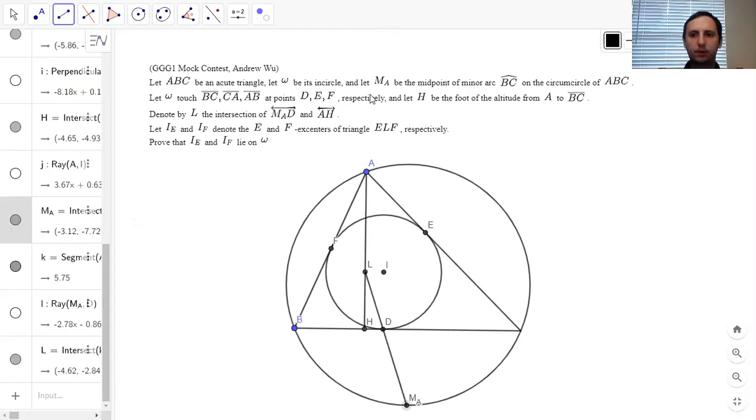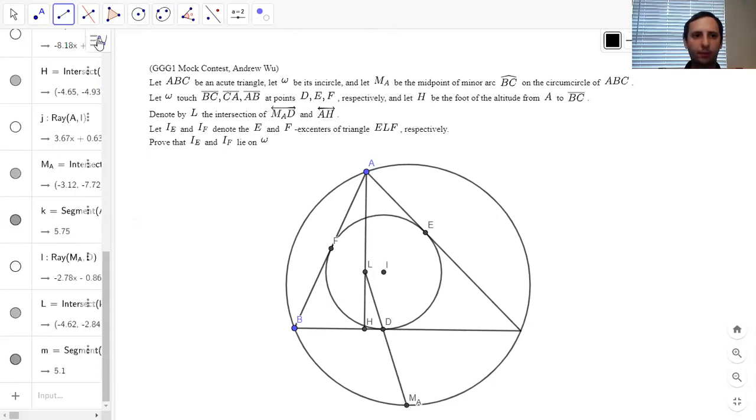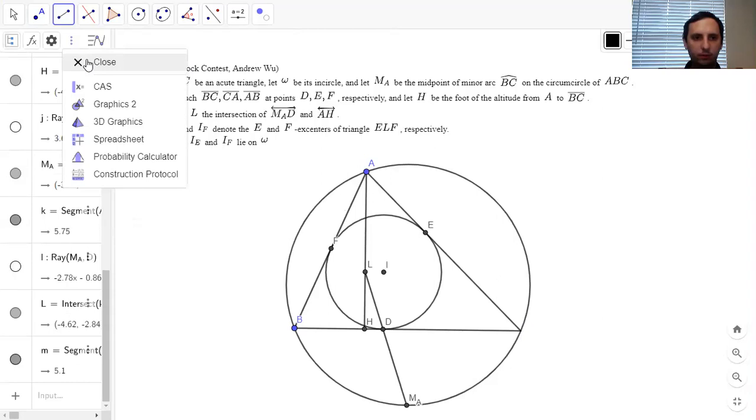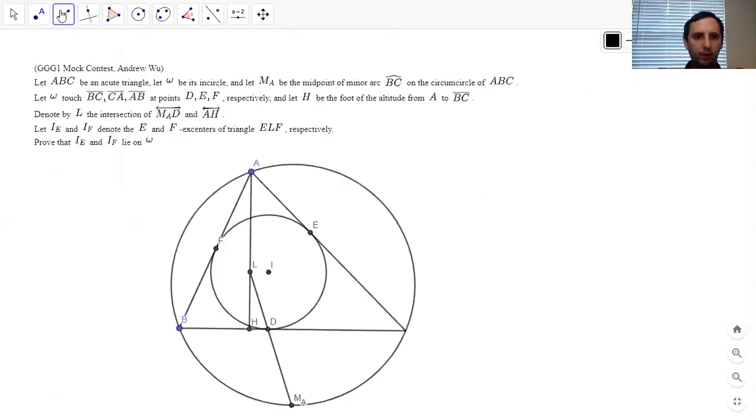All right, so we just have Feng joining us right now. I can close this. Okay, so we have triangle ELF. We want to show that the E and F X centers lie on the incircle. And of course, we only need to show it for one, because then by symmetry, it would be true for the other also.